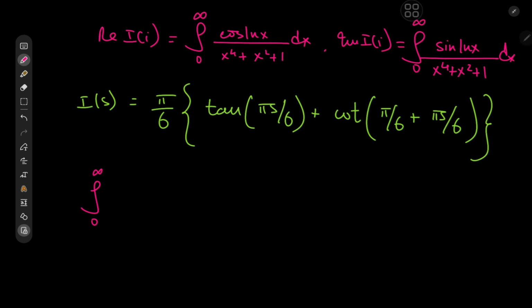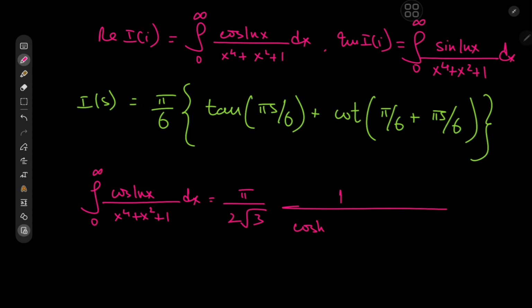We have the integral from 0 to infinity of cosine log x divided by x to the 4th power plus x squared plus 1 dx equal to pi divided by 2 times root 3 times 1 by cosh squared pi by 6 plus 3 times sinh squared pi by 6.